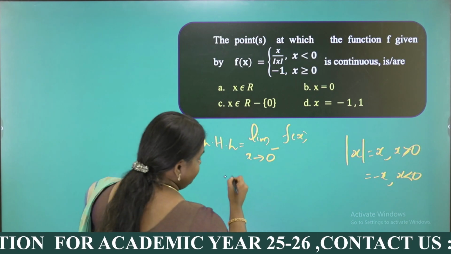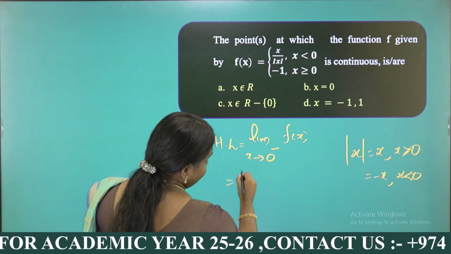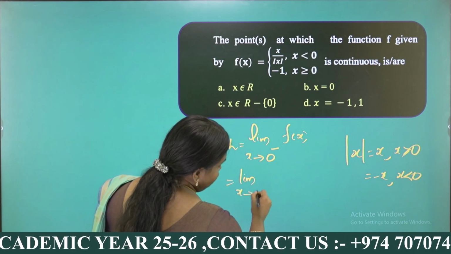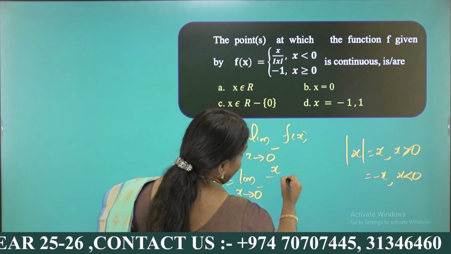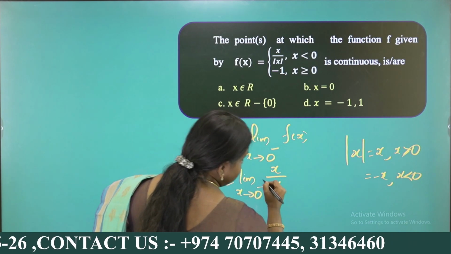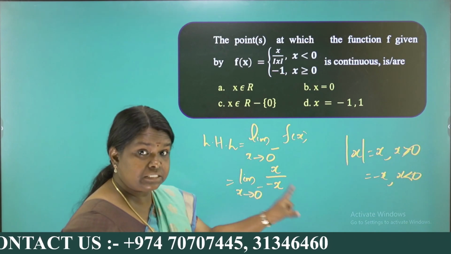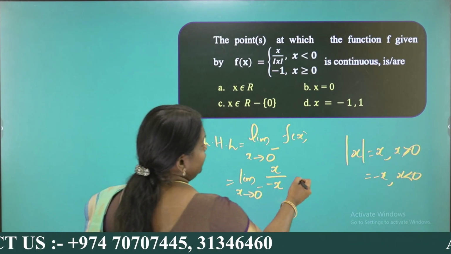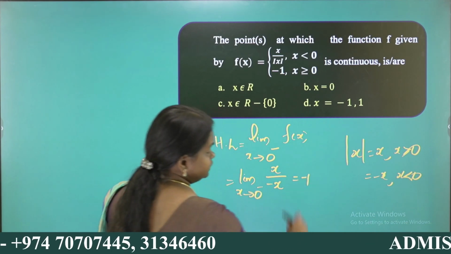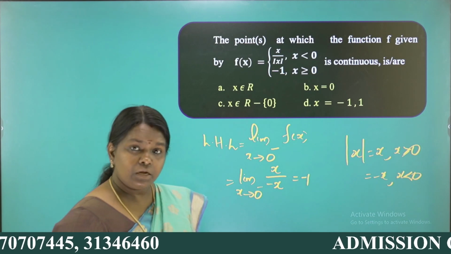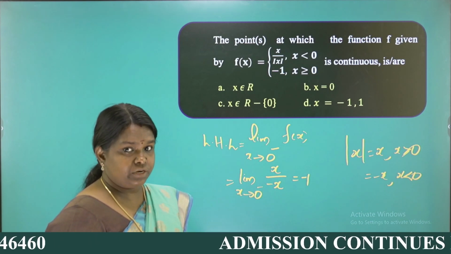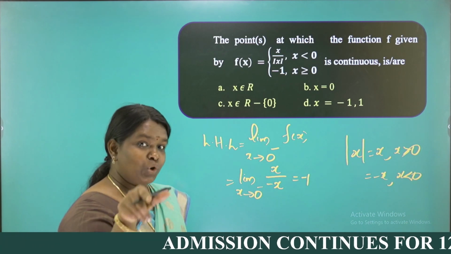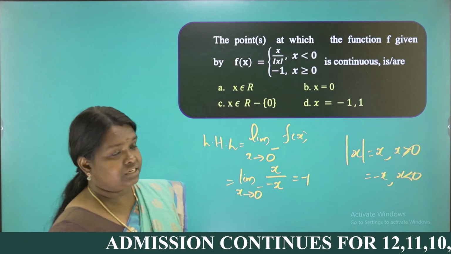So, limit x tending to 0 minus f of x is x divided by negative x. What is the answer? Answer is minus 1. Clear? So LHL is minus 1. RHL is already given in the question as what?